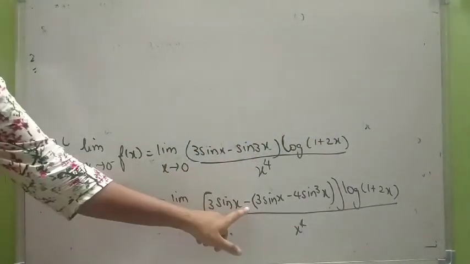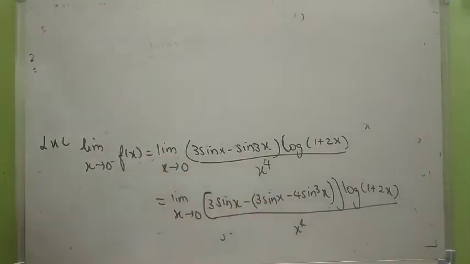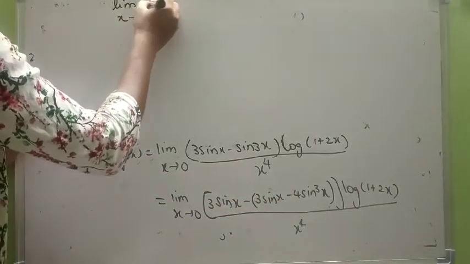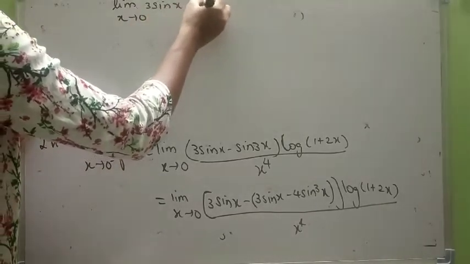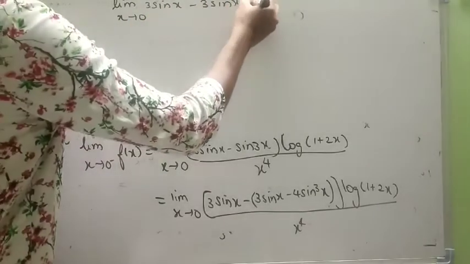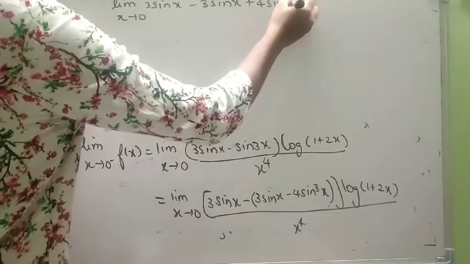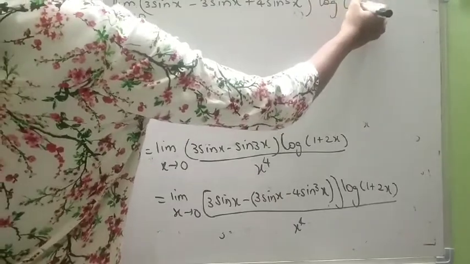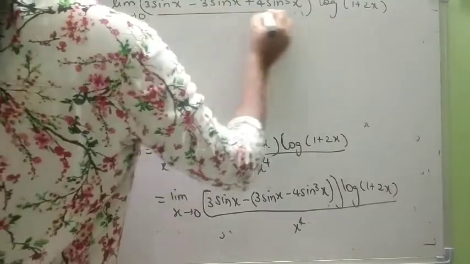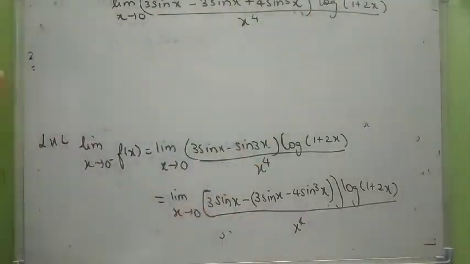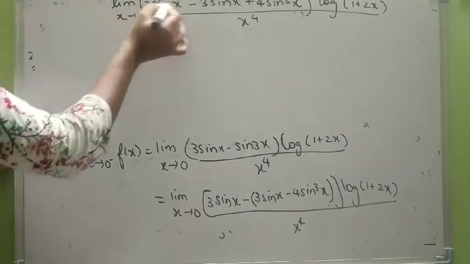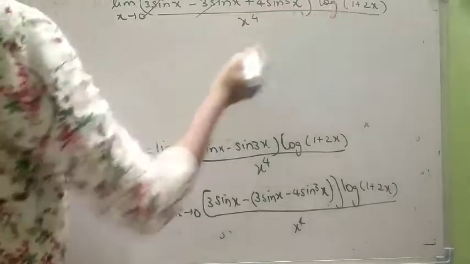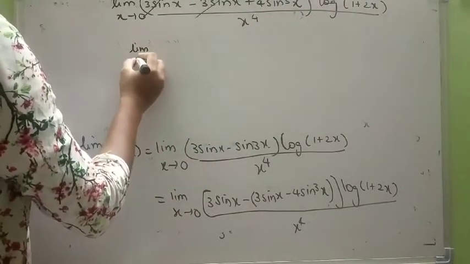So when you open up the bracket, this will be minus, and minus into minus will give you plus. Now what will happen? These two terms will cancel. And what you will get is 4 sine cube x and this. So limit x tending to 0.